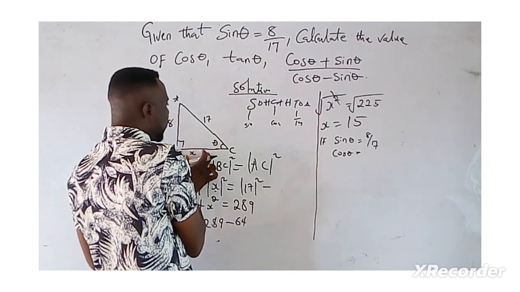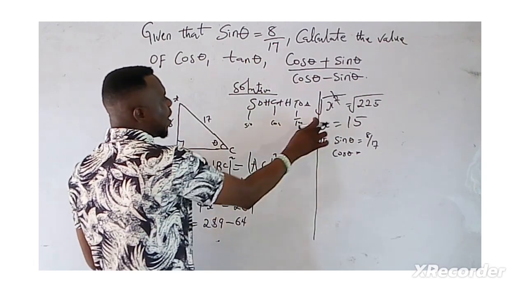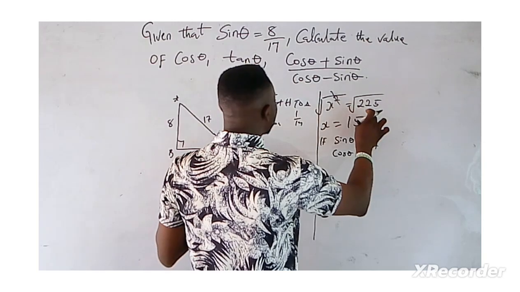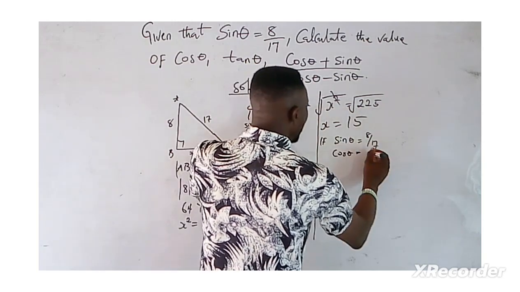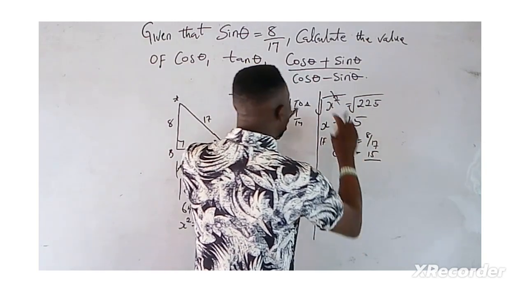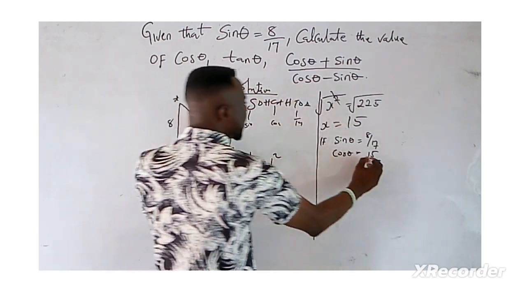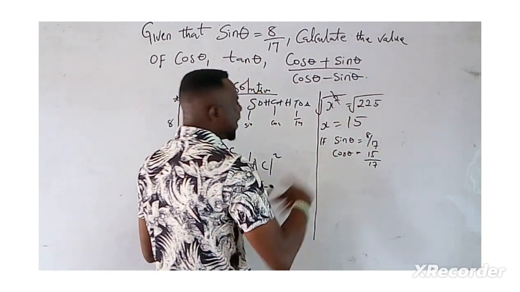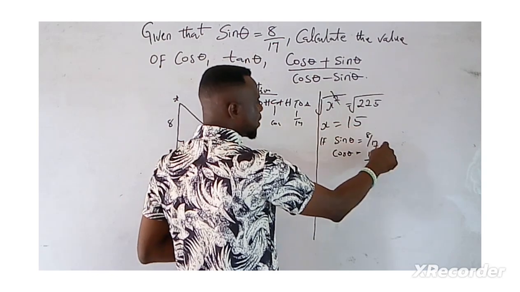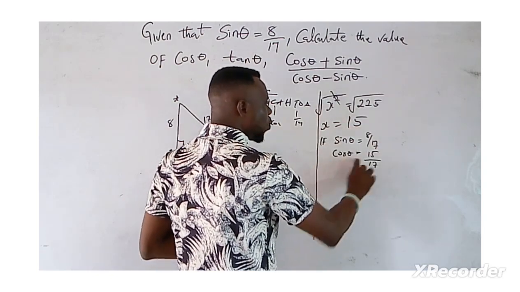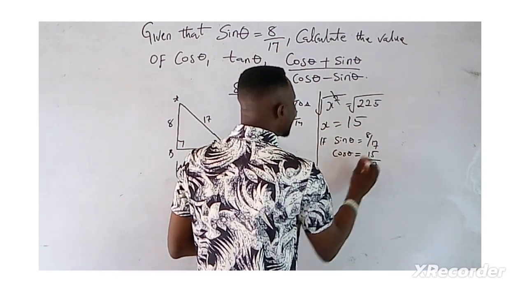We have solved for x, and it is 15. So the adjacent is 15 over the hypotenuse, which is the longest side, 17. So if sin theta is 8 over 17, cos theta is 15 over 17.